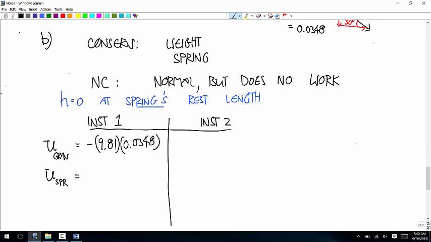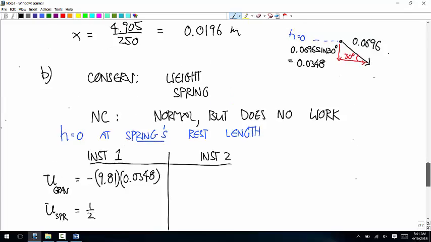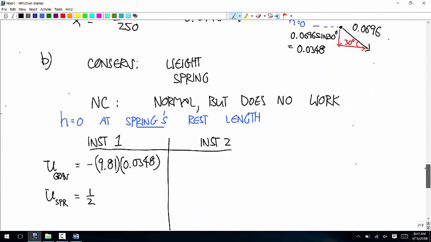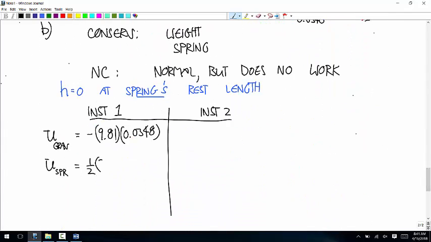And now the spring's potential energy is 1/2 times 250 times the distance squared that the spring is stretched past or compressed past its resting length. So this is 0.0696 squared.